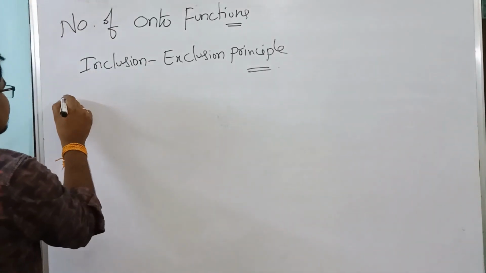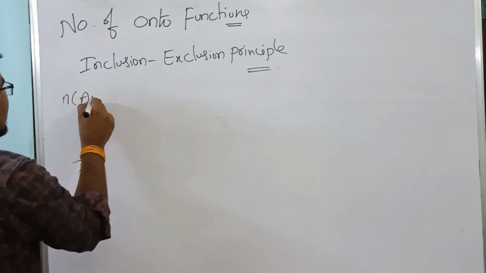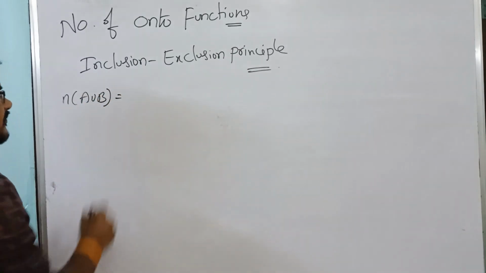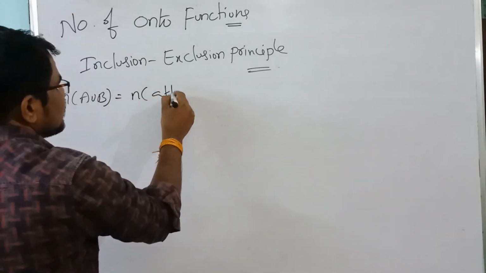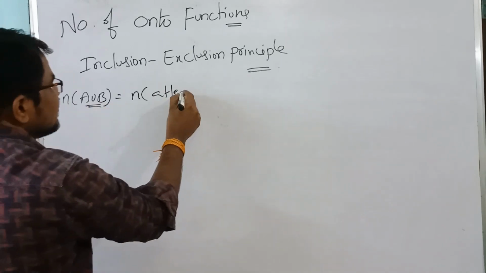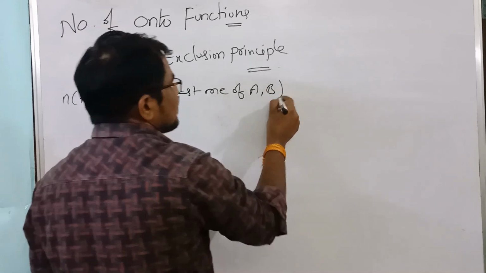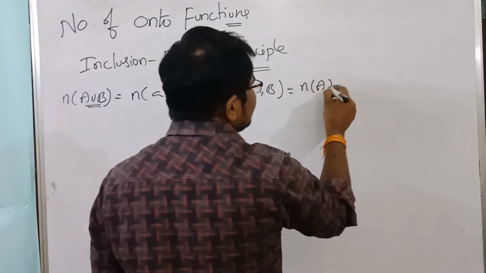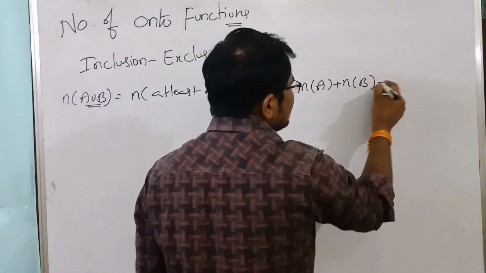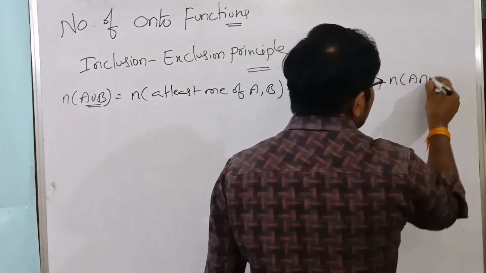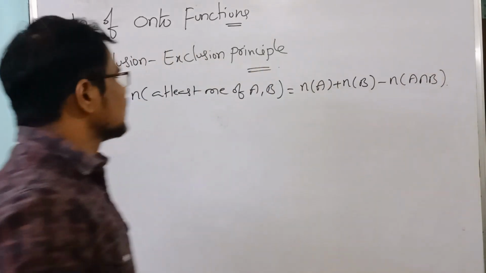So we know that n of A union B, which means at least one of A, B, equals n of A plus n of B minus n of A intersection B.